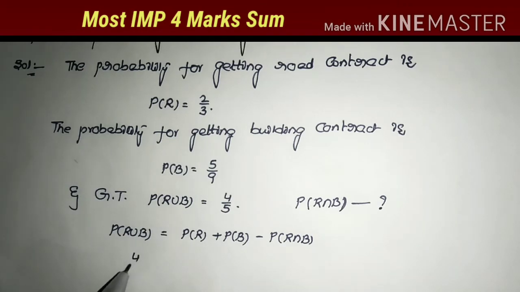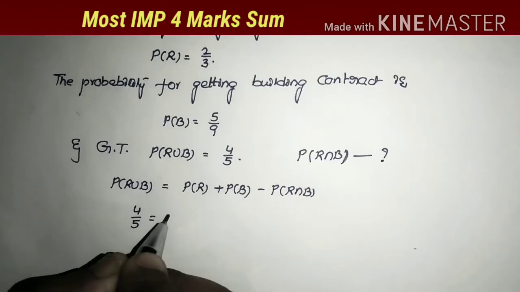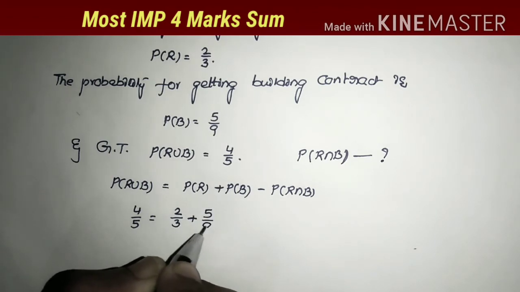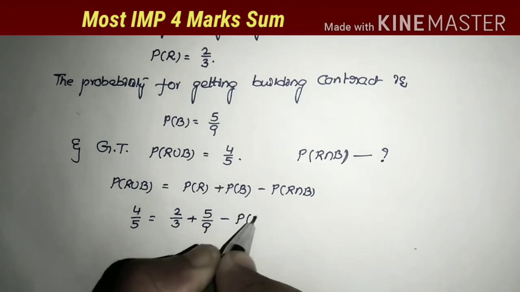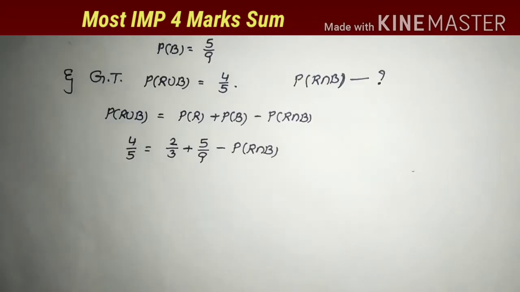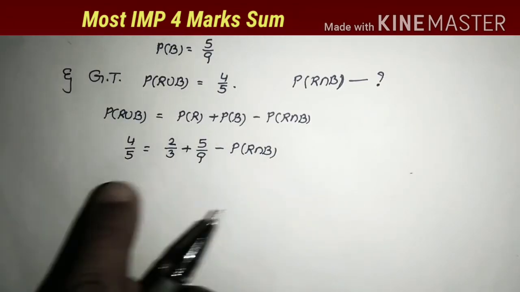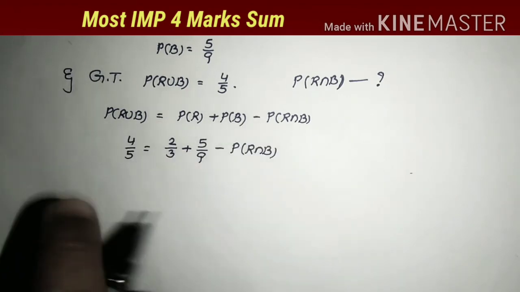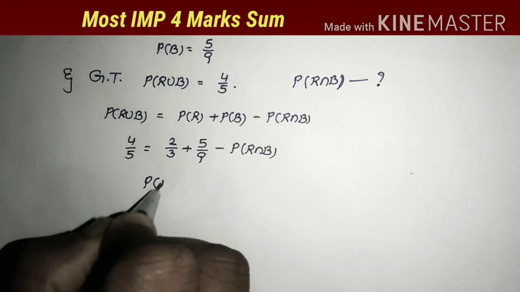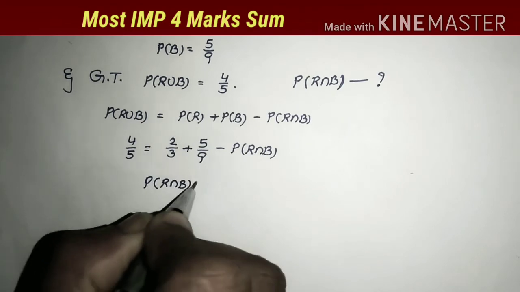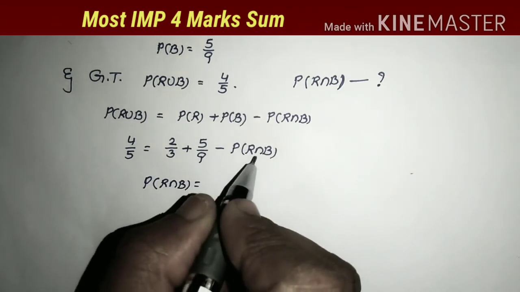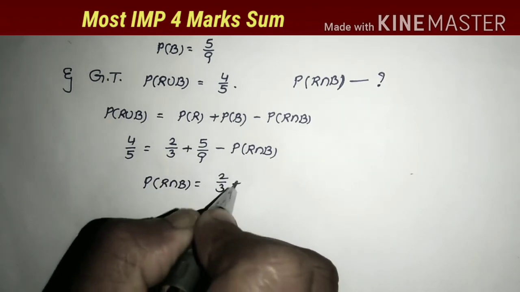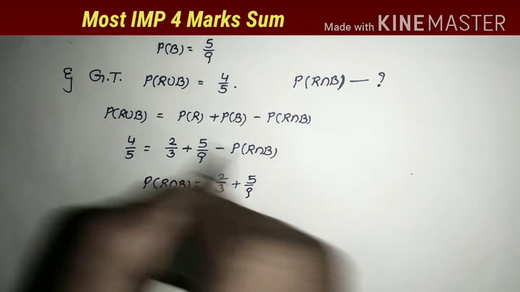P of R union B is equal to 4 by 5, P of R is equal to 2 by 3, and P of B is equal to 5 by 9, minus P of R intersection B. Here we want this value, so we take this value to this side and this value to this side. That is P of R intersection B is equal to, writing this minus P of R intersection B to this side, that becomes positive, 2 by 3 plus 5 by 9 minus 4 by 5.